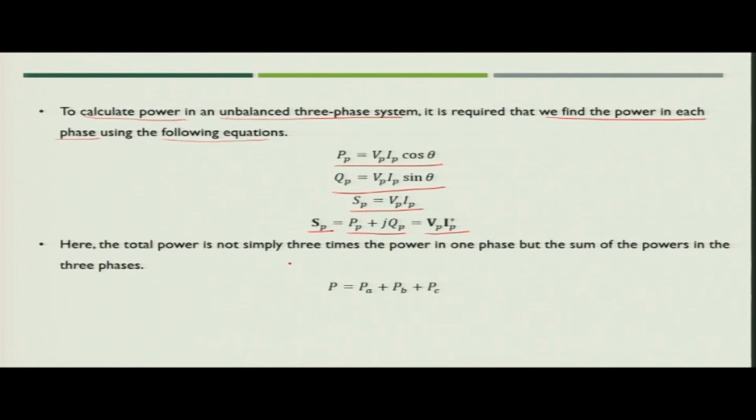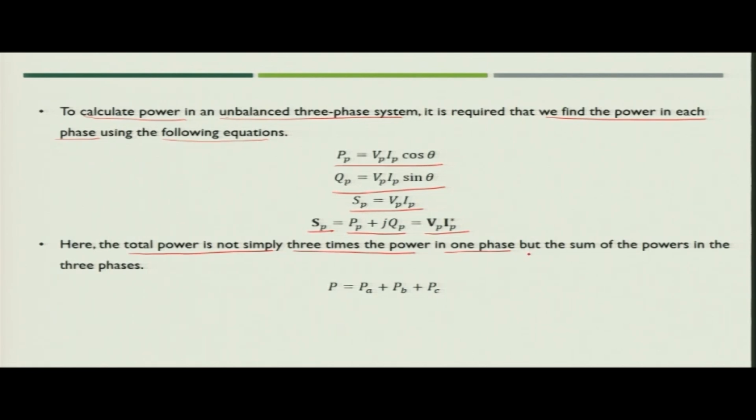So, here since the system is unbalanced, the total power is not simply 3 times the power in one phase. So, we cannot say that the total power P will be 3 times Pp or 3 times Qp, if we are considering real and reactive power of the complete 3 phase system.